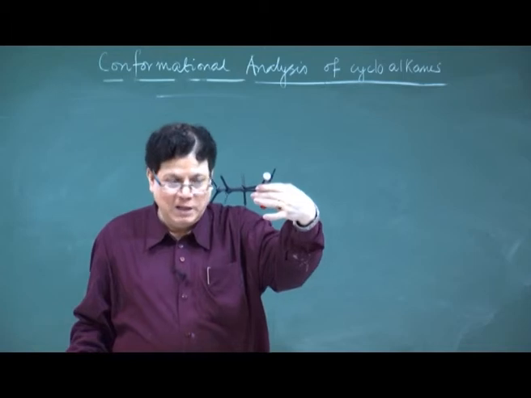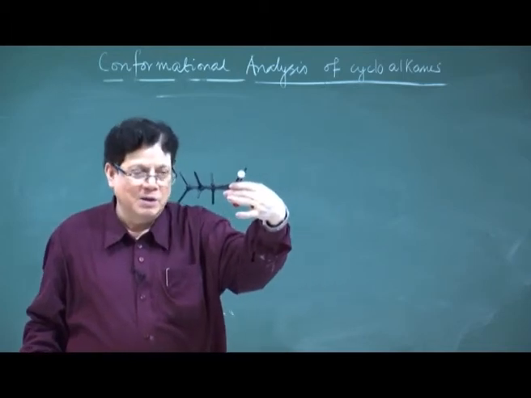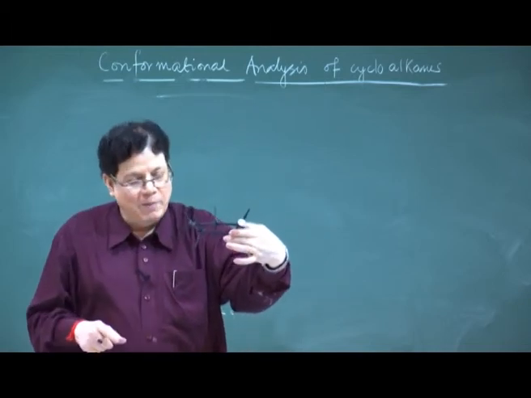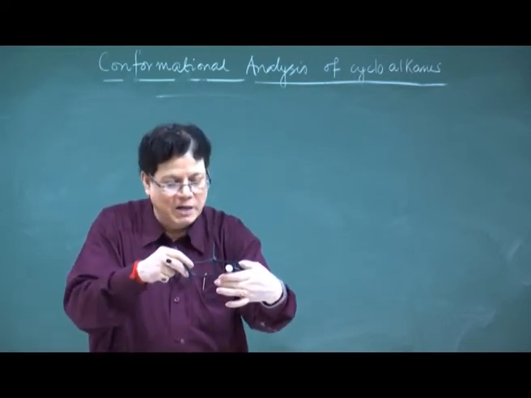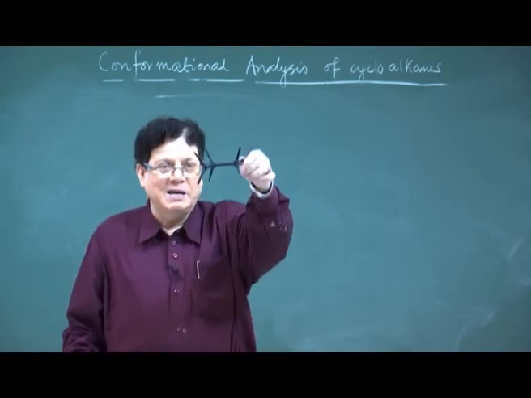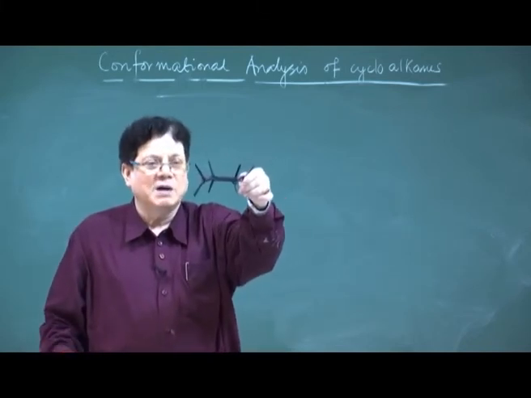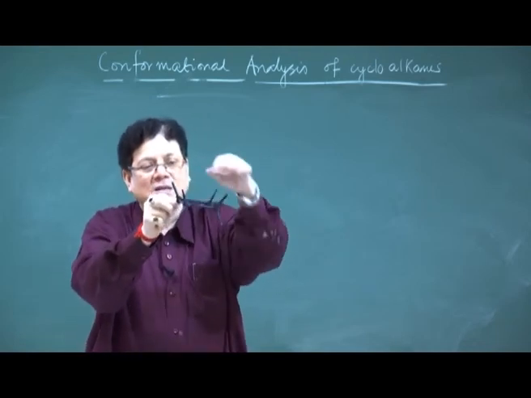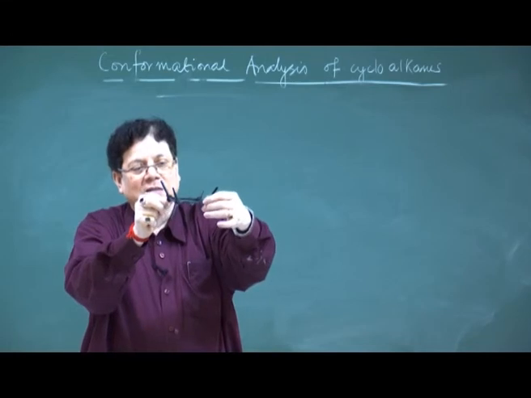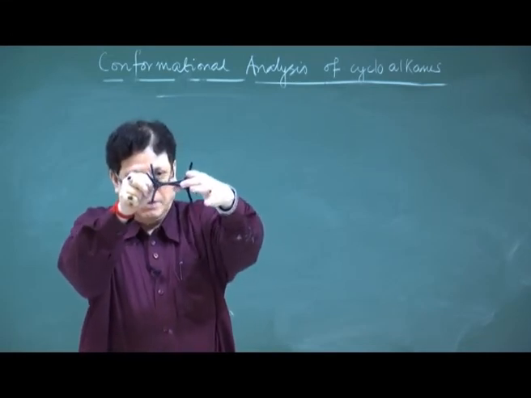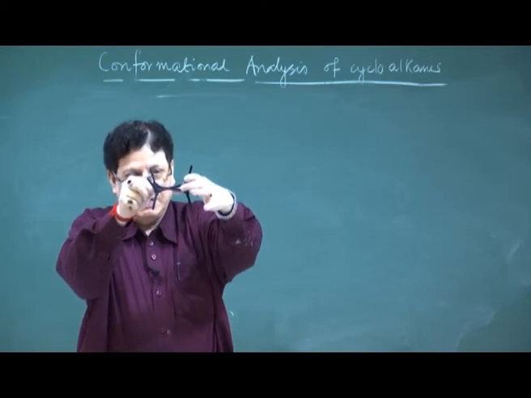So the question is whether it will remain in this form or not, because it is suffering from torsional strain and angle strain. Now, you can reduce the torsional strain a little bit if you make it not flat, a little bit puckered, meaning non-planar. Then what will happen? See, if I try to move this carbon a little bit, and this carbon, you see that the bonds are no longer eclipsing each other.